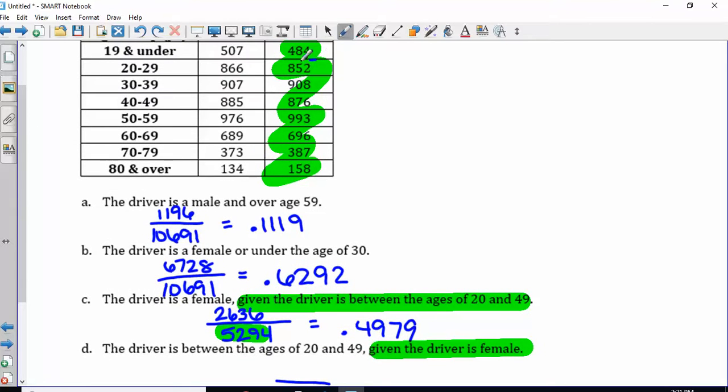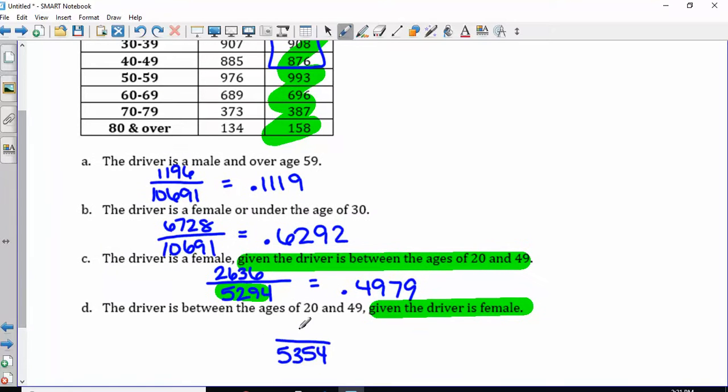So only out of the ones I'm looking at, the 20 to 49 would be those 3 values. I get 0.492. So if you have a given, that's when your denominator changes. If you do not, the denominator stays the same. Questions there?